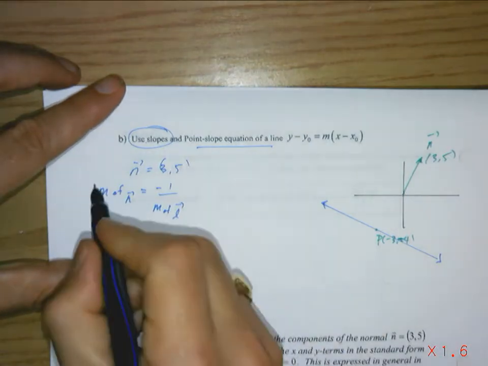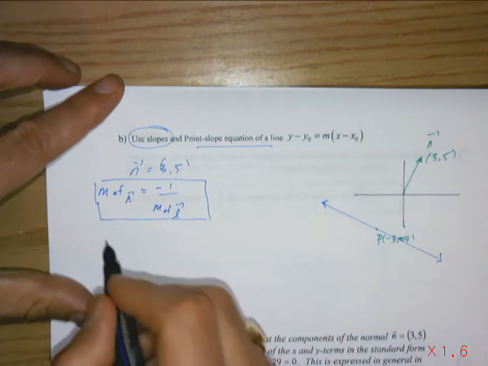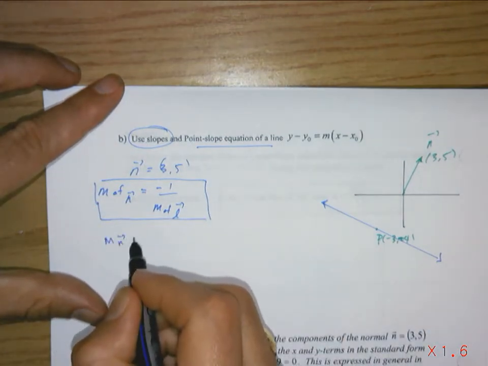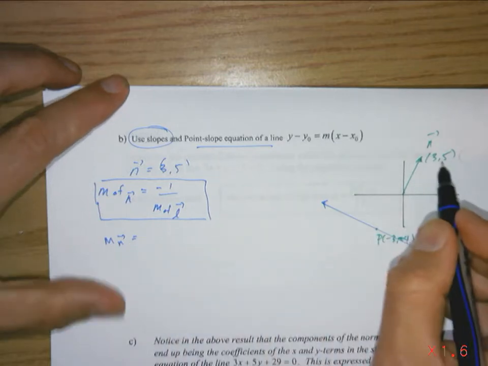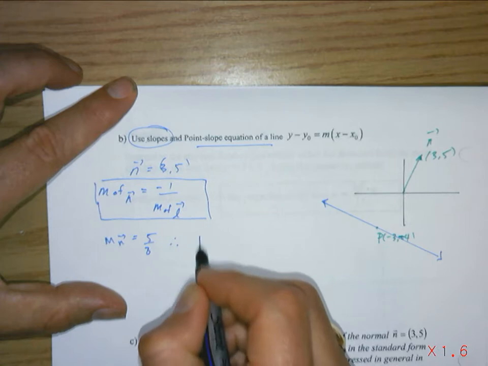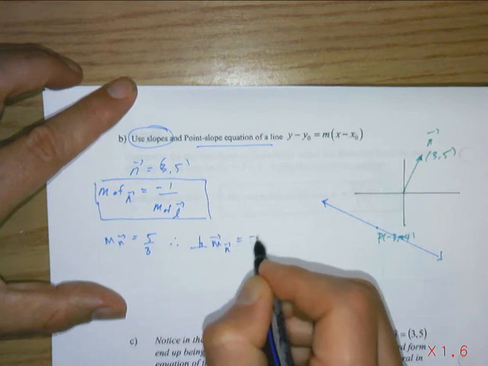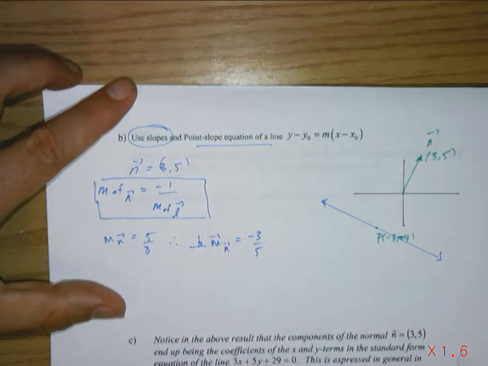Okay, that should remind you of grade 9 mathematics, so negative reciprocal. So the slope of the normal is going to be b over a. In this case, it's going to be 5 over 3. So therefore, a perpendicular slope to the normal is going to equal -3 over 5, negative reciprocal.